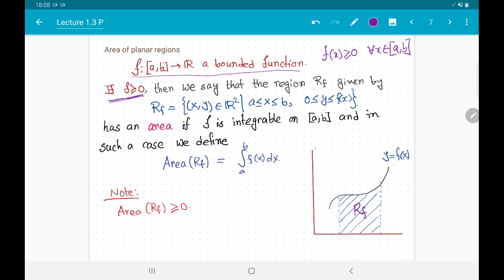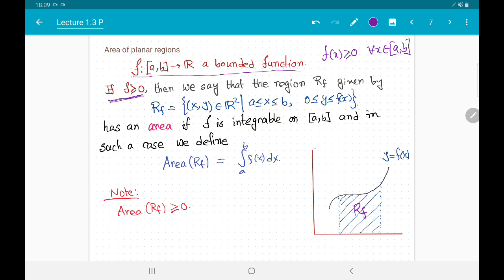We say that the region RF, the shaded region, has an area if f is integrable on the interval ab, and in such a case we will say that the area of RF is equal to the integral from a to b of f(x) dx.